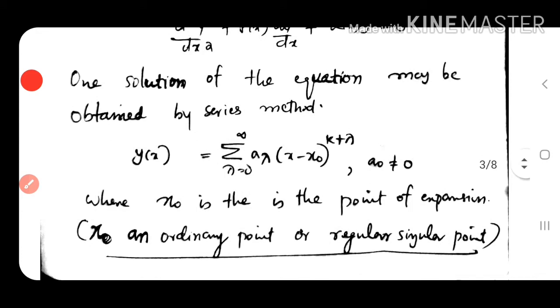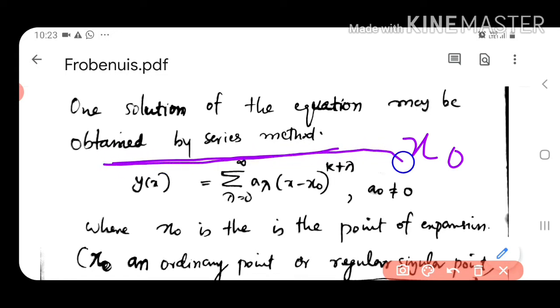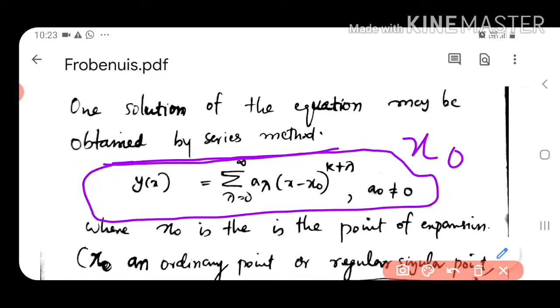Now, what is the Frobenius method? Suppose we have x0, which is, as I said earlier, an ordinary point or a regular singular point. Then the solution is this: y of x equal to sigma lambda equal to 0 to infinity a lambda (x minus x0) raised to k plus lambda.